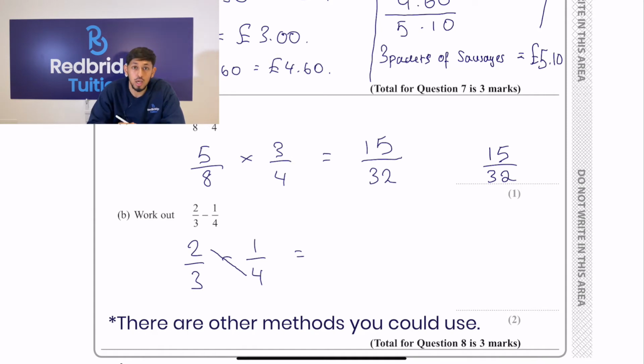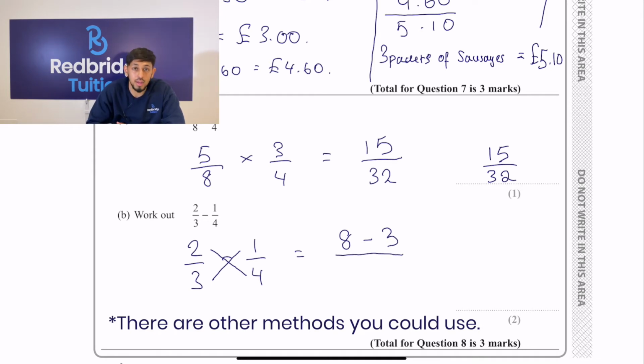So we would have 2 times 4, which is equal to 8. Now, bear in mind that the minus goes along with the 1. So we're going to have -1 times 3, which is equal to -3. This is all to make up the numerator of our final answer. So we'll have 8 minus 3.